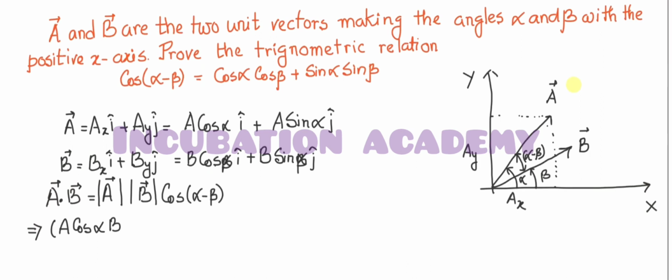Please correct it. So after that, a cos alpha times b cos beta, multiplying i cap with i cap, and again multiplying j cap with j cap, that means the y component of the a vector multiplied by the y component of the b vector.